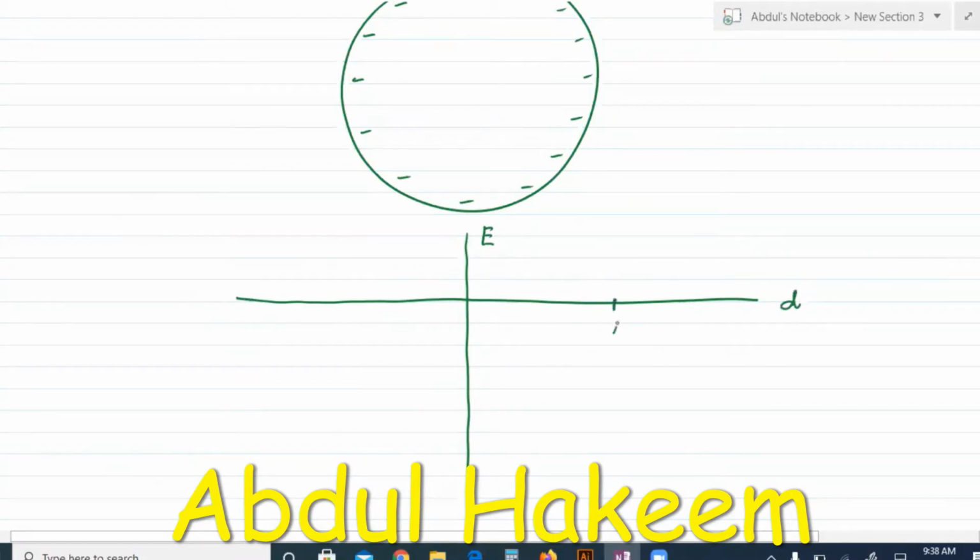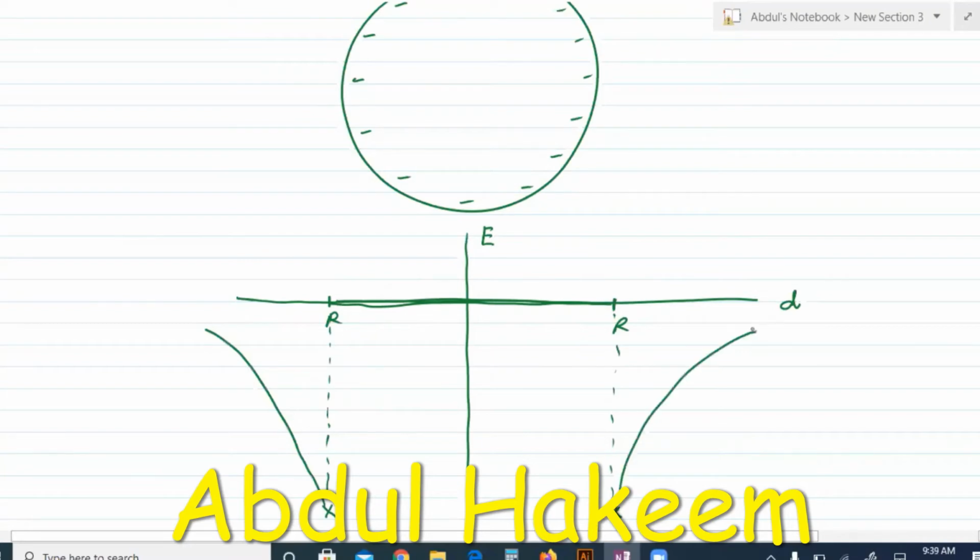This is the radius, this is the radius. So between both radii, it is 0. At the radius, it is maximum, but due to the negative charge, it is in the opposite direction. Negative, opposite direction, and then inversely proportional. This is the E and d graph for the negative charge.